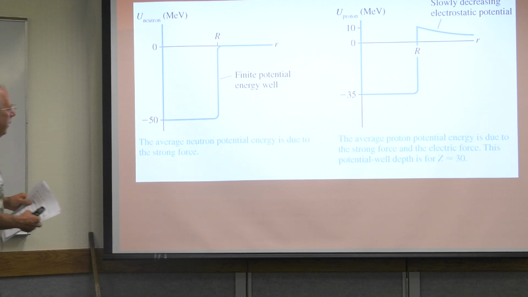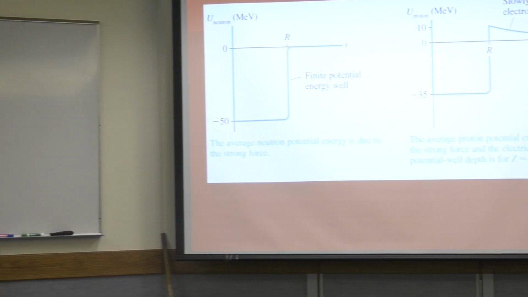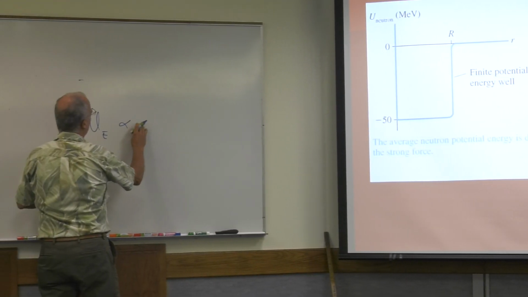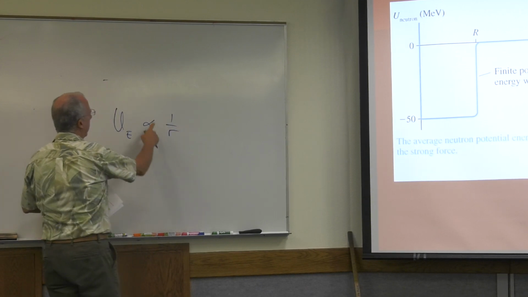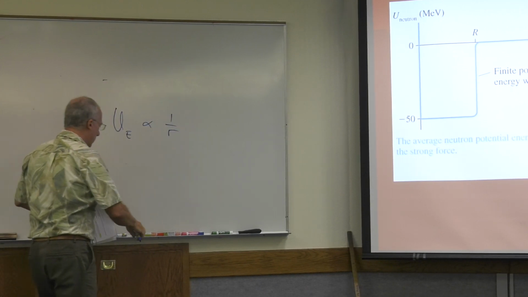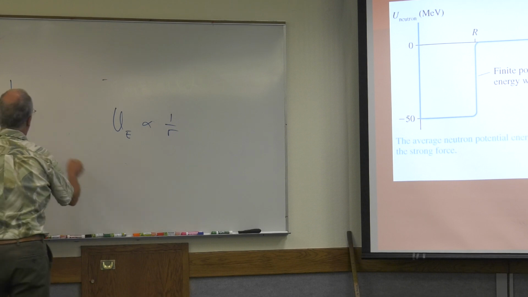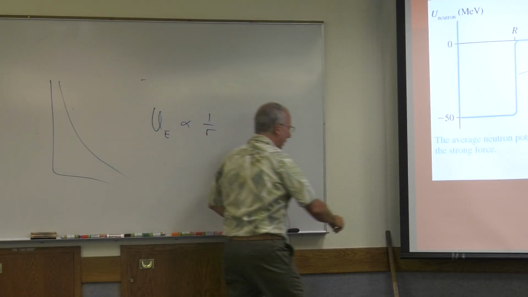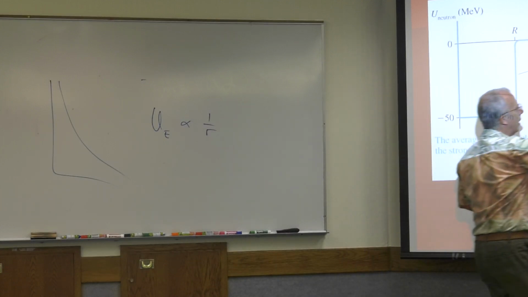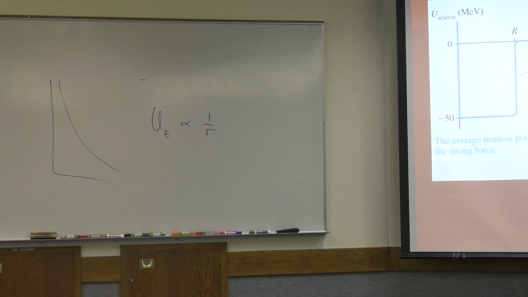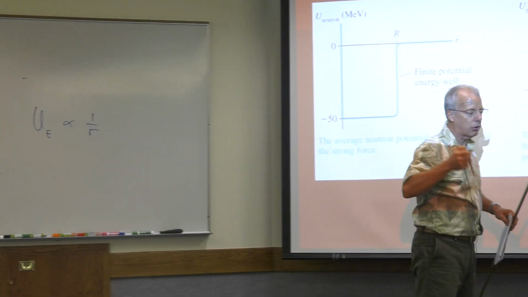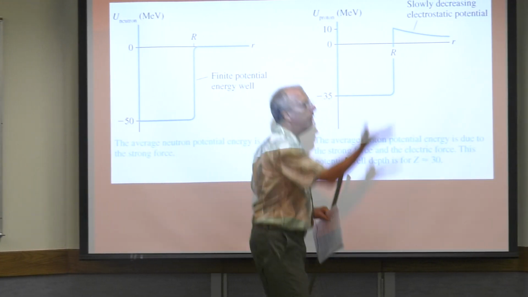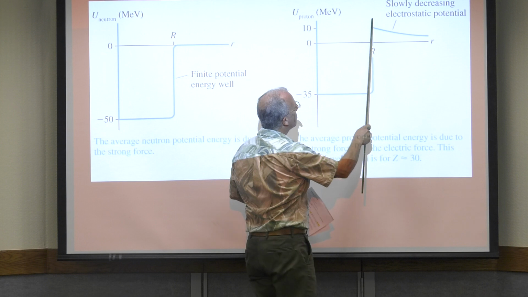And remember, from back in the olden days, the potential energy for electricity was proportional to 1 over the distance. And what does that look like? It looks like that, right? 1 over the distance looks like this. So you have this part due to the nuclear strong force, which is negative because it's attractive, but then you have to lift it because of this positive part.